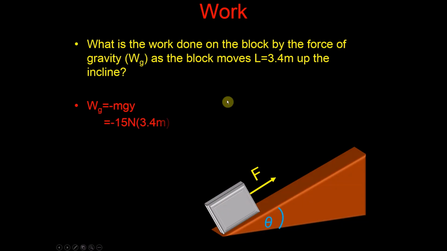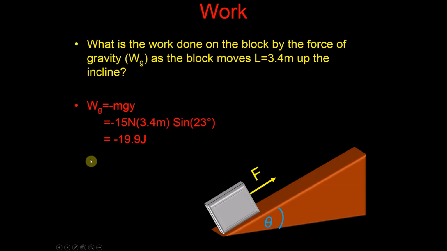So all we care about is what is the upwards displacement of the block. That means we need to find the y component of the block's motion up the slope. We cannot put 3.4 here with our 15 newtons essentially. So we have to take 3.4 sine of 23 to project our distance onto the y-axis here, and we will find that we end up with 19.9 joules, not newtons, with a 20 joules-ish value.